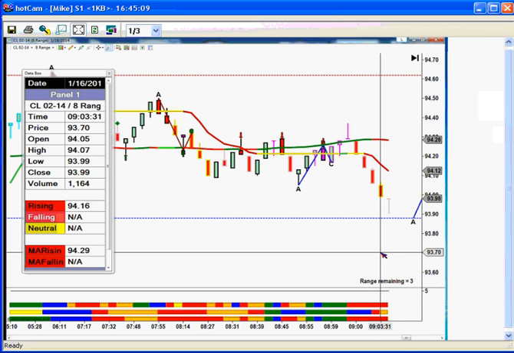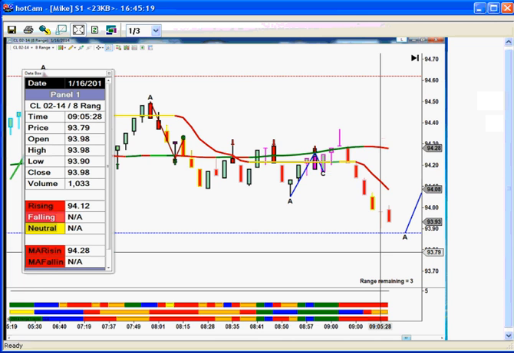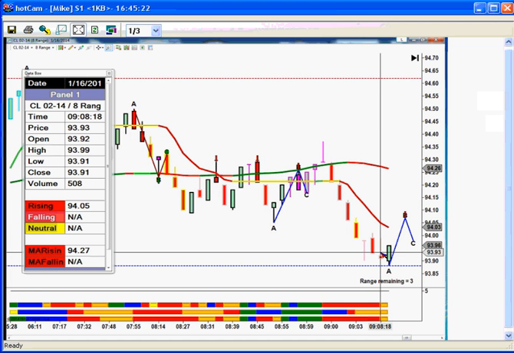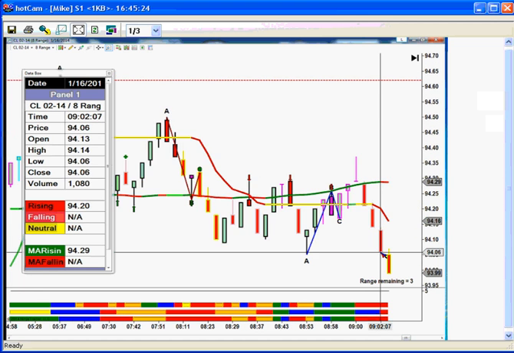Now you've pocketed $280, and you move your stop to break even, and you employ a 10-tick trailing stop, which is very easy with Ninja. We'll help you set it up. And you can see where the trade went.